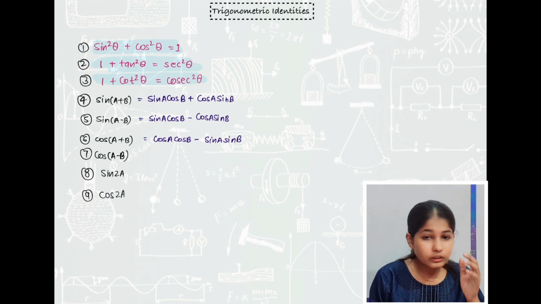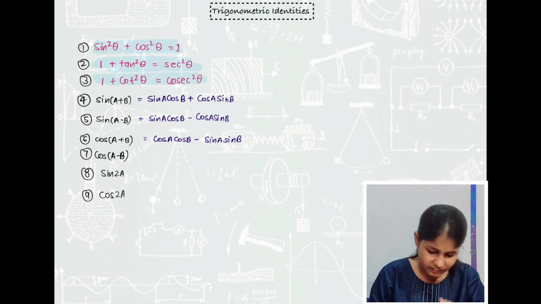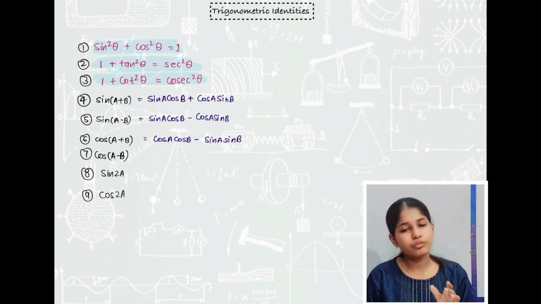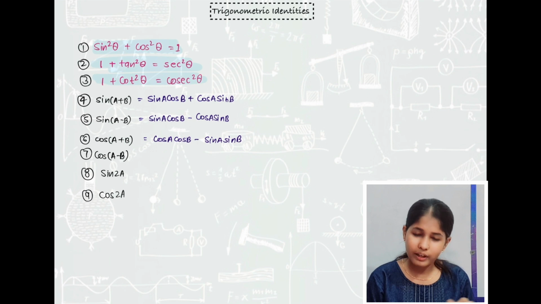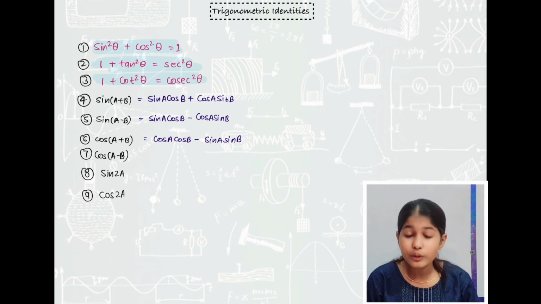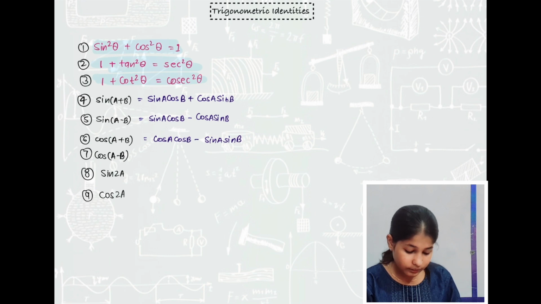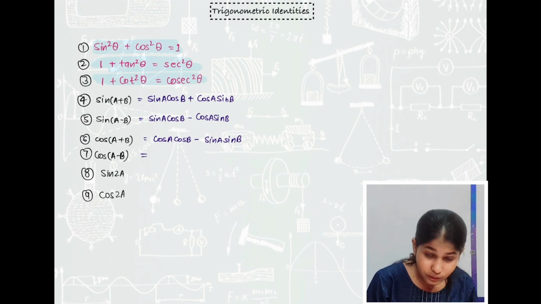You don't have to make any mindset about what sin theta cos theta is; if you want to get confused, you will get confused. But very soon I'm also going to give you a trick for understanding these four identities. First of all I need to complete it.